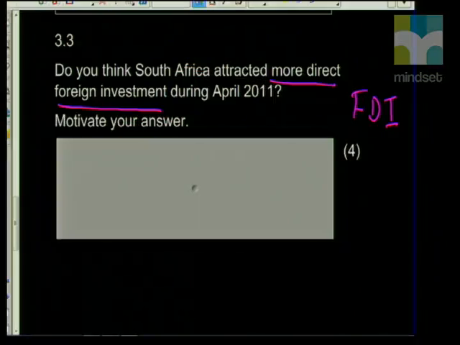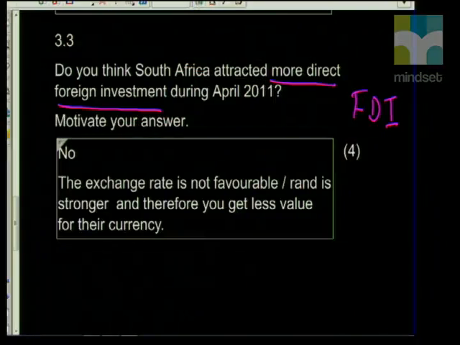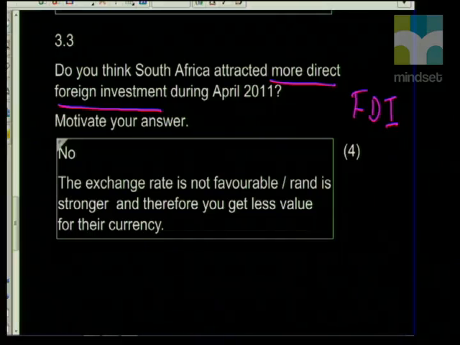So the correct answer for this, let us see. It says no. It didn't, because the exchange rate is not favorable. The rand is stronger, and therefore you get less value for their currency.